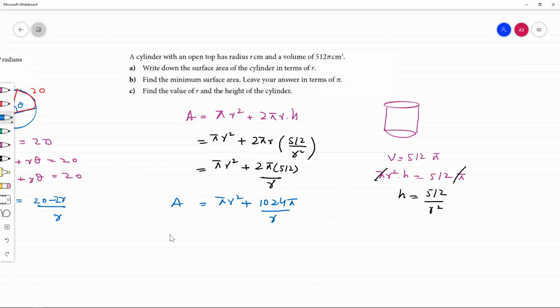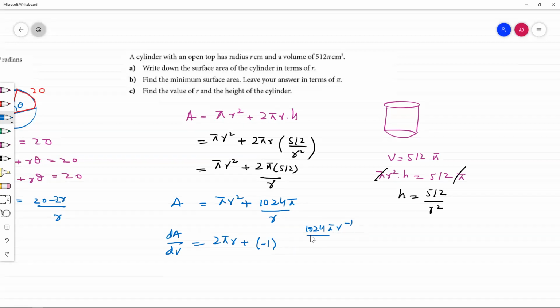Minimum, again, we use a derivative, dA by dr. So this would be 2 pi r plus, first you have to write this function in this form, 1024 pi and r power -1. So we write the power first, and then decrease the power by 1.